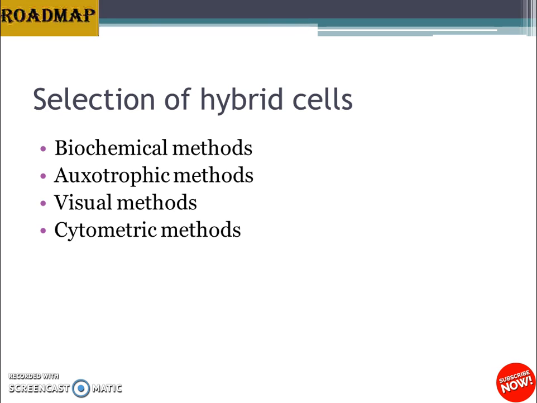So coming to drug sensitivity first, it is useful for the selection of hybrids of two plant species. If one of them is sensitive, that is the condition. The hybrid selection is only possible if there are two plant species, and one of them is sensitive to the drug.